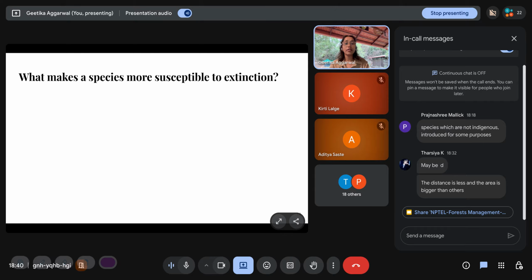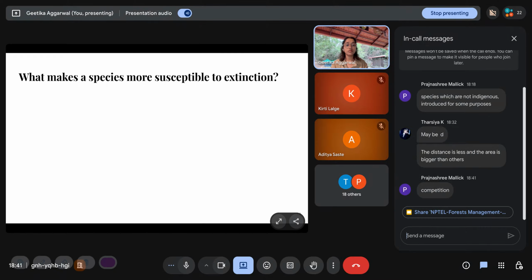Can you think about a factor that might make a species more prone to extinction? Anyone? You can just take a guess. What do you think can cause a species to go extinct? Competition. Okay.